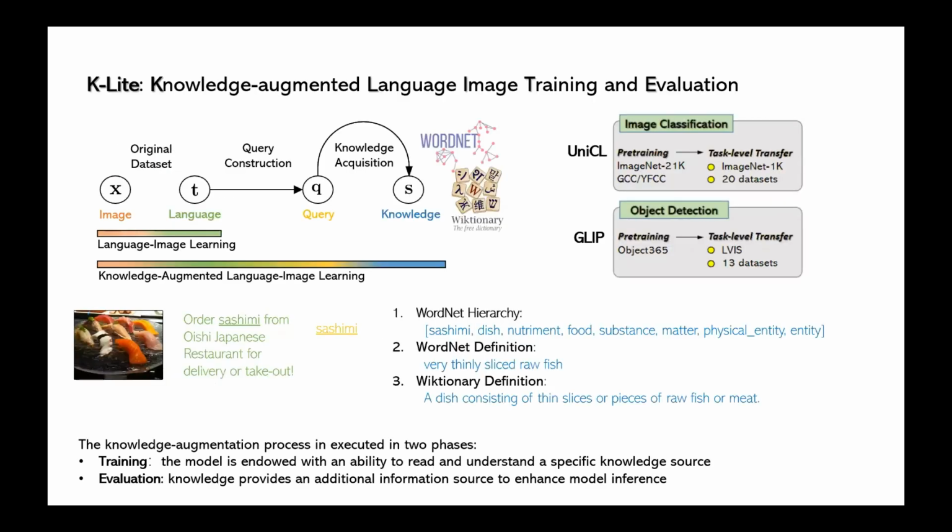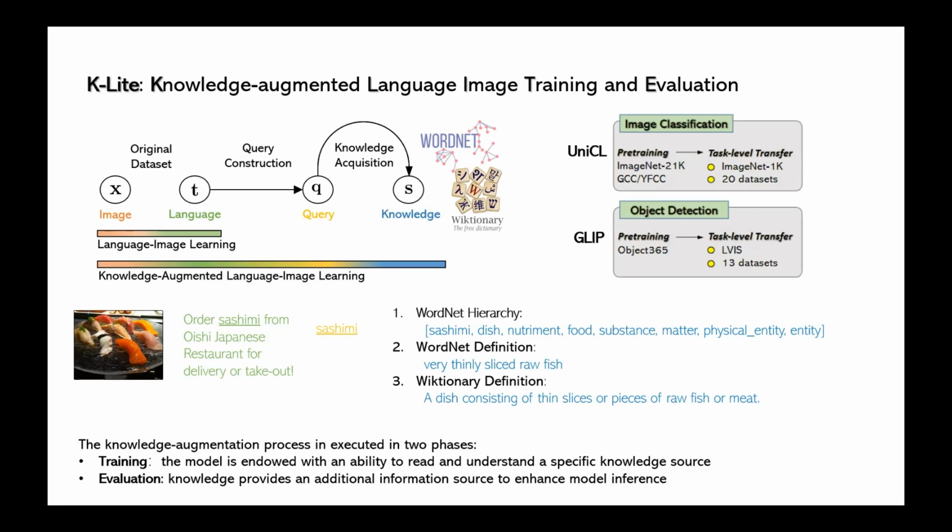K-Lite is a recent effort we have made to leverage external knowledge for vision language learning. In the previous talk, we have learned that most VLP models are trained with image text pairs. This is the baseline we are considering in this project. In K-Lite, the language side will be enriched with external knowledge.